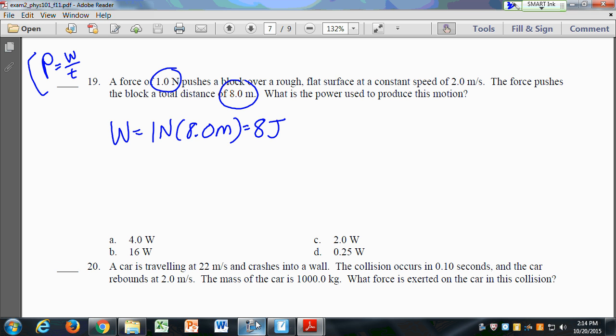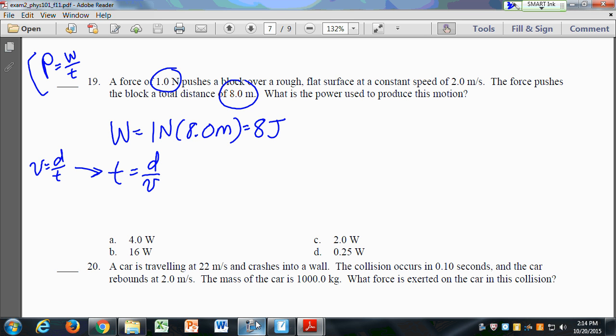And then I also need to know what time was required to do this. So my time is the distance over the velocity. That's our basic kinematics definition. Velocity is distance over time, v = d over t, so I can solve that for t.